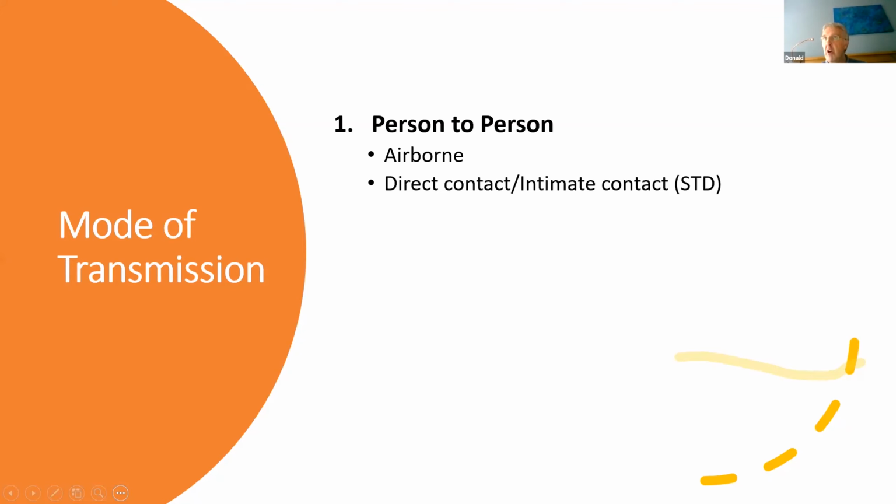And of course, we know that COVID-19 or SARS-2, this is the way it moves. It gets in through person-to-person spread. Is it airborne or is it direct contact? We know it's not intimate contact, but it's airborne direct contact.